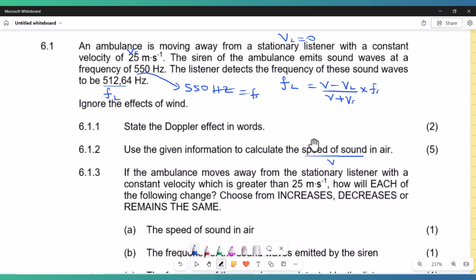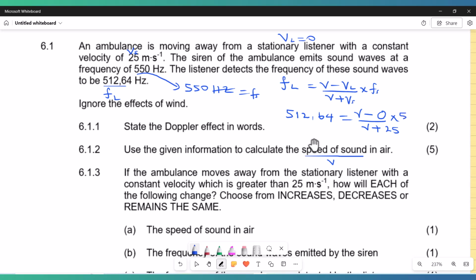Our F listener is 512,64. What about this V? You're looking for this V, the speed of sound in air. This listener was stationary, so I'm going to put 0 here. V minus 0, plus 25, which we saw up there. Then the frequency of the source was given as what?